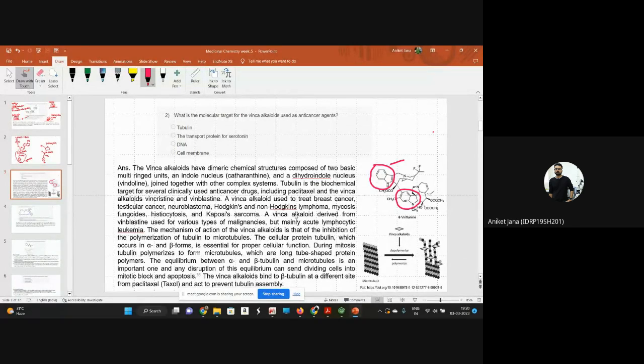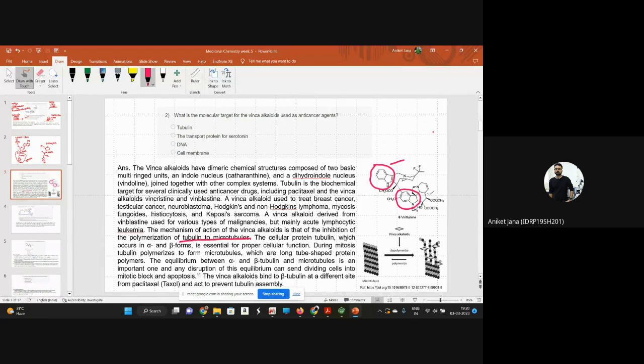Vinblastine-derived vinca alkaloids are used for various types of malignancies, but mainly acute lymphocytic leukemia. The mechanism of action of the vinca alkaloids is the inhibition of the polymerization of tubulin into microtubules.